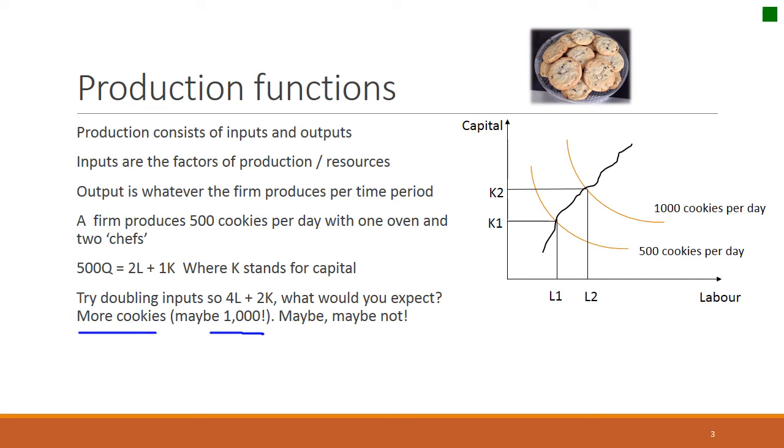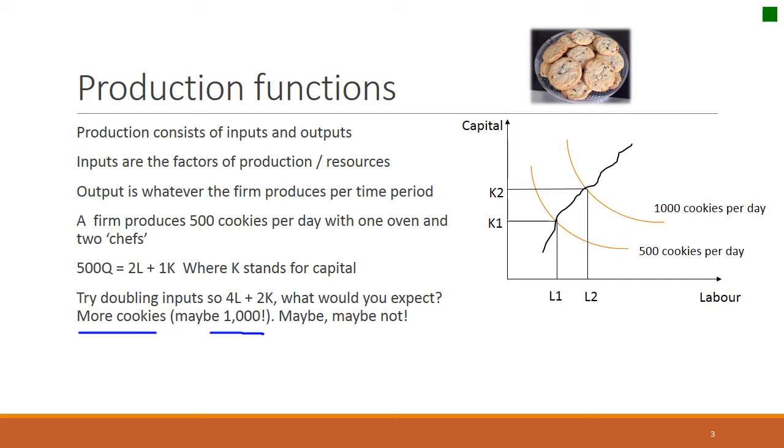This particular curve here looks at an output, okay, and we're going to assume that anywhere on this curve we are producing 500 cookies per day. That's the output level. Now it's called an isoquant because there's an equal quantity.